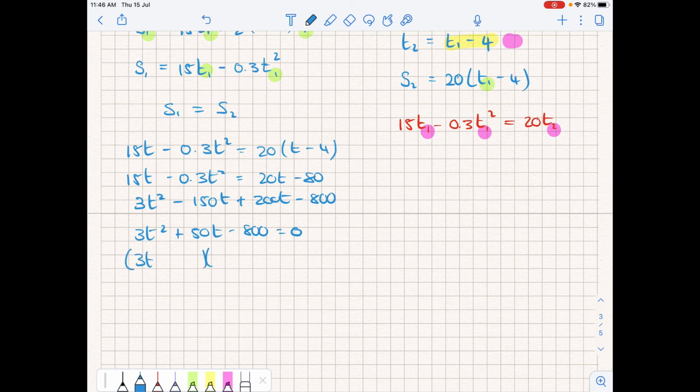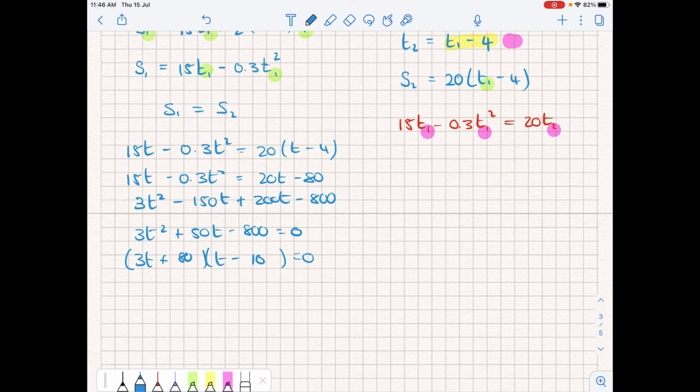And now we just need to factorize. If you don't want to factorize, you can complete the square or use the formula. We can work out this is going to be t, this is going to be 10, and this is going to be 80.